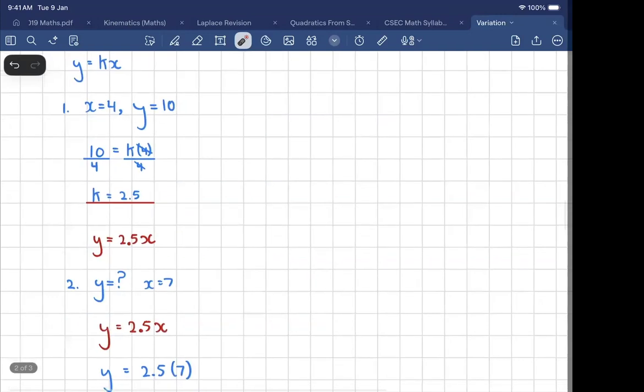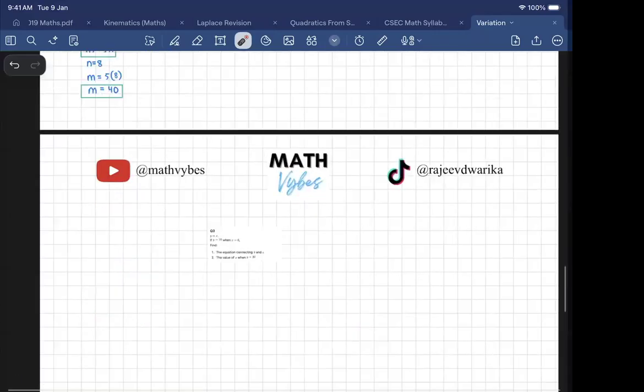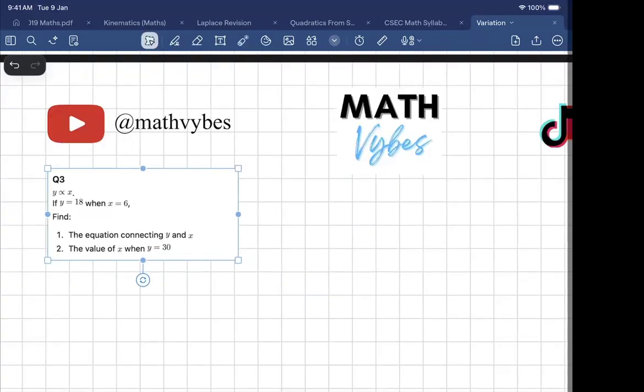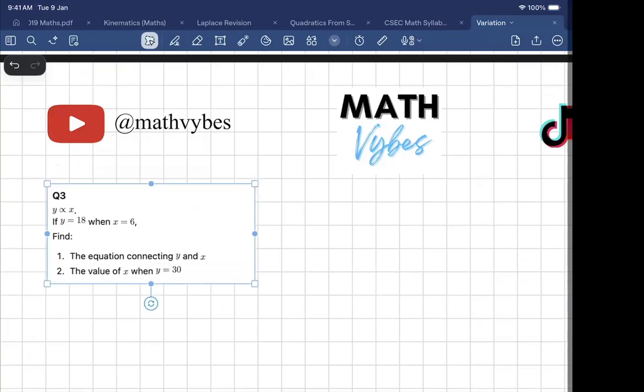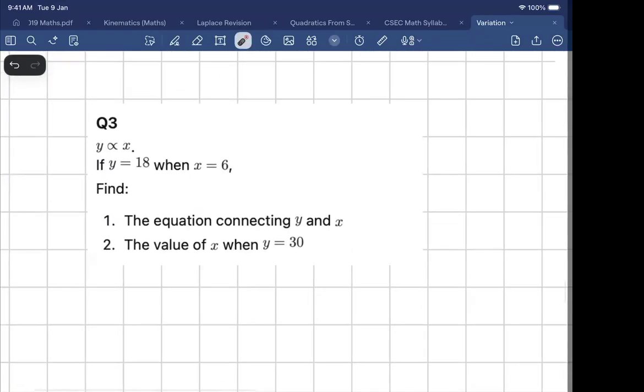In the first question, it was the exact same thing. Y is equal to how much times x? 2.5 times x. So you're trying to find a relationship between two quantities. That's literally it. It's not that hard. All right, Nikolai, let me look at question 3. Could you tell me what this means in English?